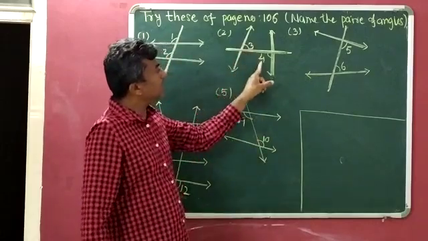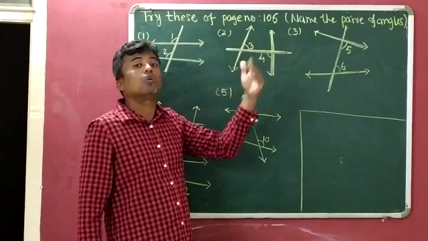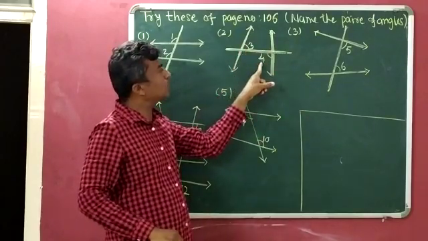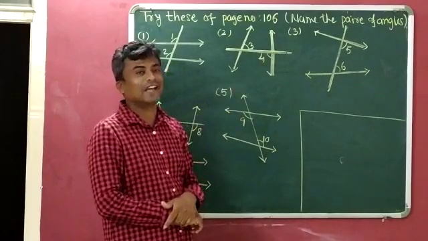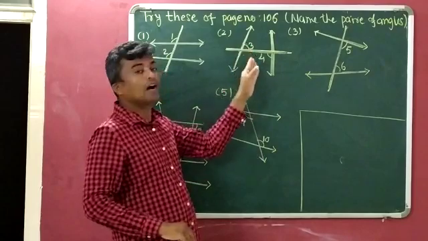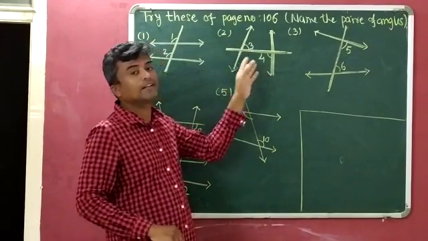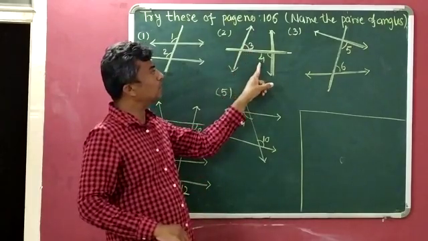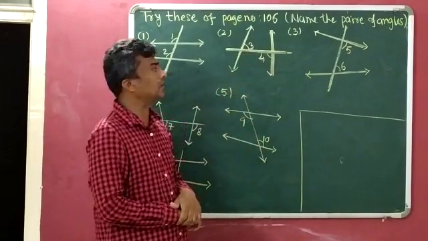So angle 3 and angle 4 are a pair of alternate interior angles, because they are on opposite sides of the transversal and they are interior angles.